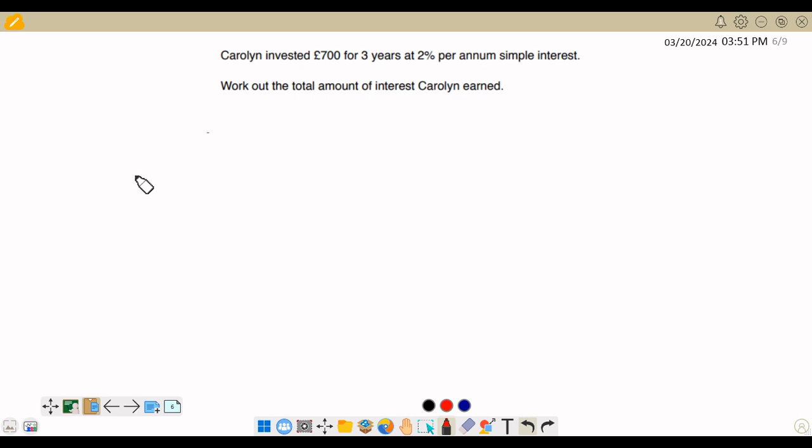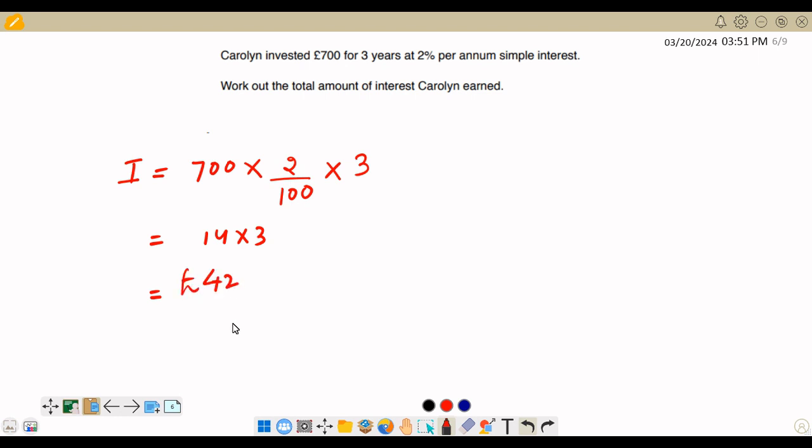So I equals P, which is 700, times R, which is 2 over 100, times time. When you simplify, you get 14 times 3, which equals £42. This is the amount that she will earn. Got it? Very good.